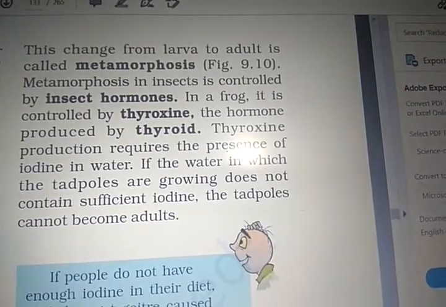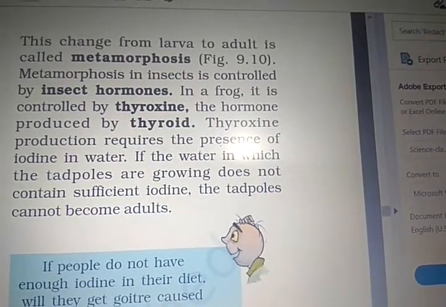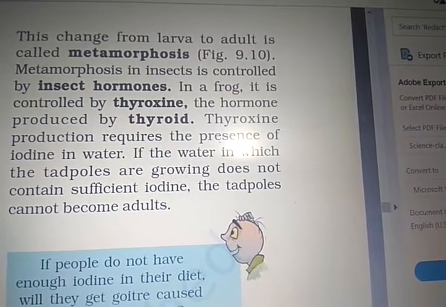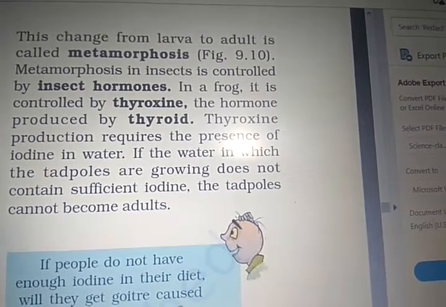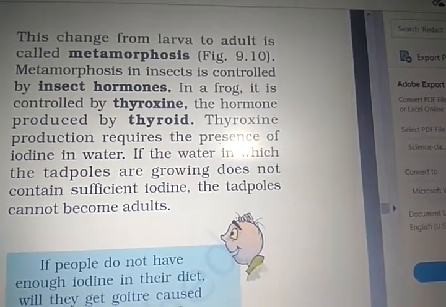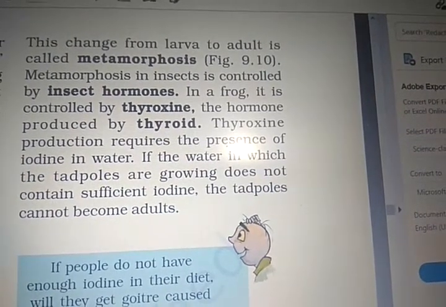Okay, here the very important definition is coming now. The change from larva to adult is called metamorphosis, and this metamorphosis in insects is controlled by insect hormones. In frogs, it is controlled by thyroxine, the hormone produced by the thyroid.